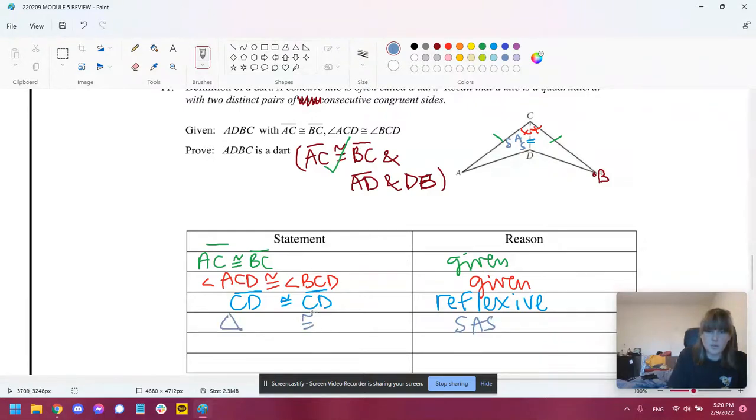And I have to be careful. If I put the A first, the B has to be first on this one. And then the C, D are in the same order because they're in the same side order. All this is to show that AD is equal to DB because of corresponding parts of congruent triangles are congruent. So that's AD congruent to DB.